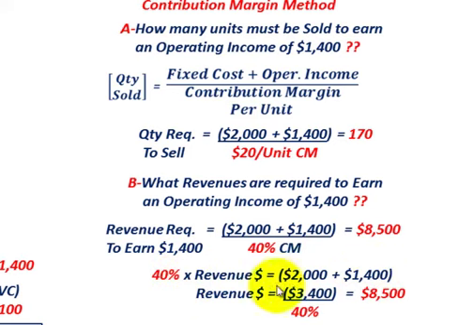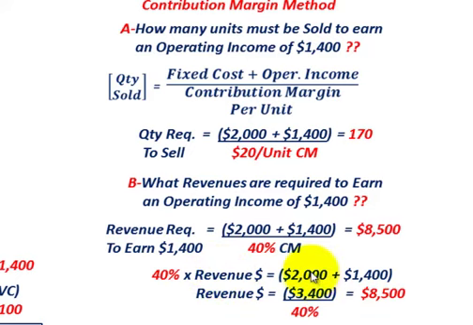Move your 40% over and divide each side by 40%. That's going to give you revenue dollars: total fixed cost and operating income, $3,400, divided by the 40% contribution margin percentage. That again gives you the $8,500. So those are compatible.